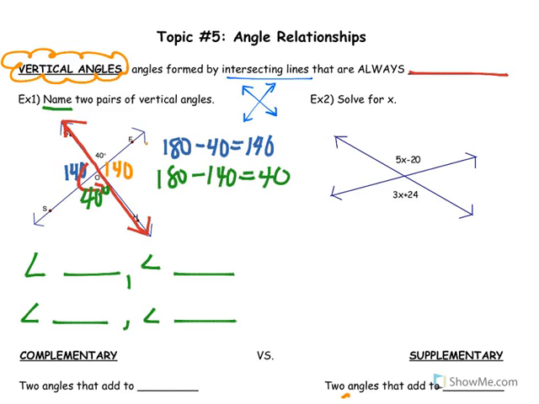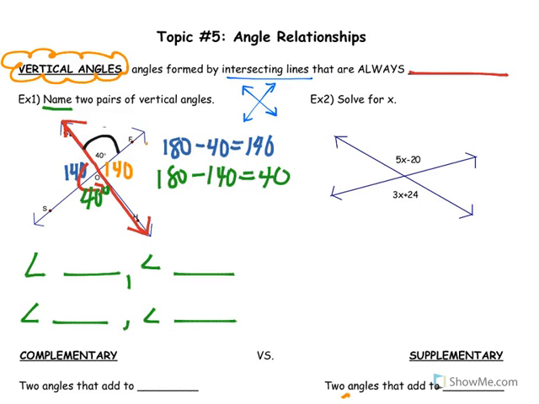Now looking a little bit closer at my picture, what do you notice about these 2 angles? This angle and this angle, notice they're both 40 degrees, right? And then we have this angle and this angle, they're both 140. Those are your pairs of vertical angles.